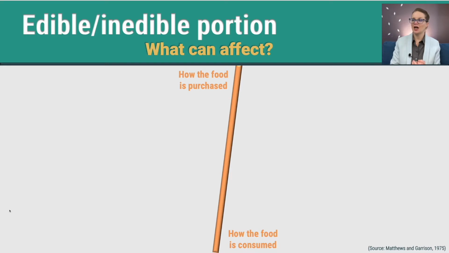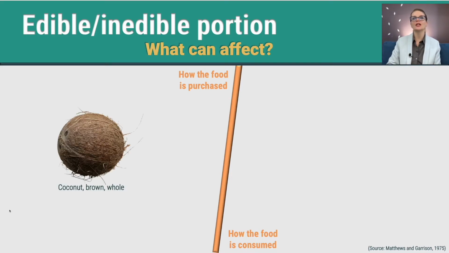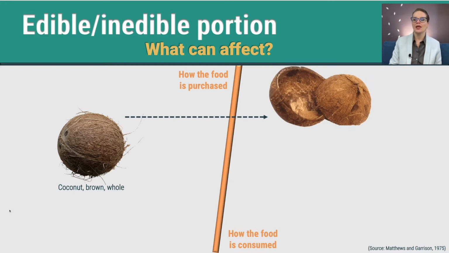Let's see here another example. So here we have the coconut. If we buy the food as we can see here in the picture, the shell will never be consumed. So the shell will always be an inedible part that is in our example here 0.25 or 25% of the food.